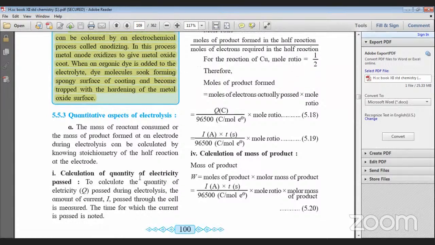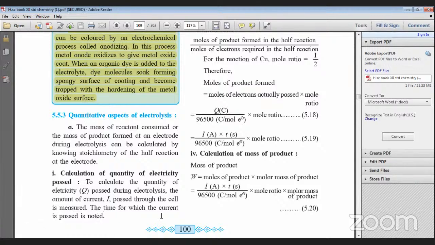Calculation of quantity of electricity passed. So let's see how we will calculate how much electricity is passed during the cell reaction, because we are supplying electricity for the reaction to take place. To calculate the quantity of electricity Q passed during the electrolysis, the amount of current I passed through the cell is measured.